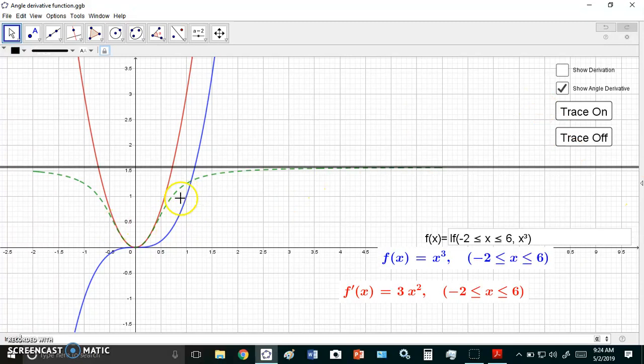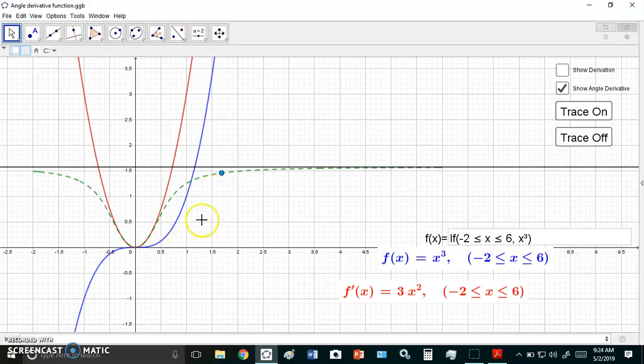So this derivative function, which is the green function, is the angle derivative, and the red function is the tangent of the angle function. By the way, it doesn't really make sense to talk about a very high derivative value, because what's the maximum derivative this red function can have? Well, in terms of angles, it's pi over 2, right?